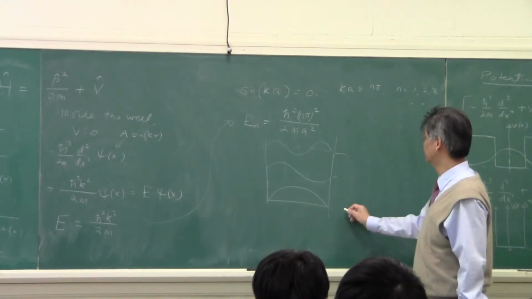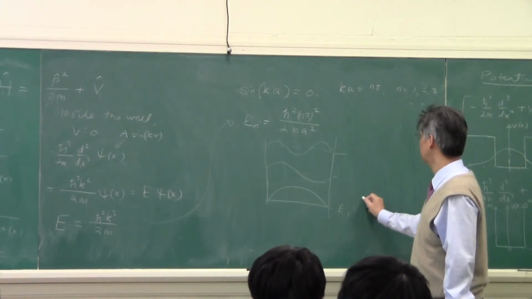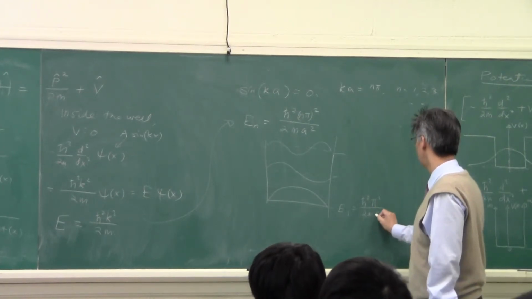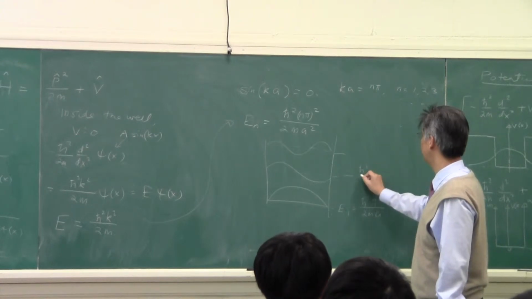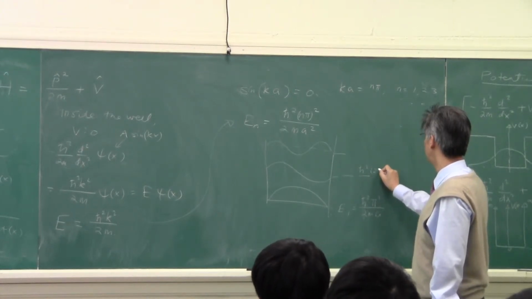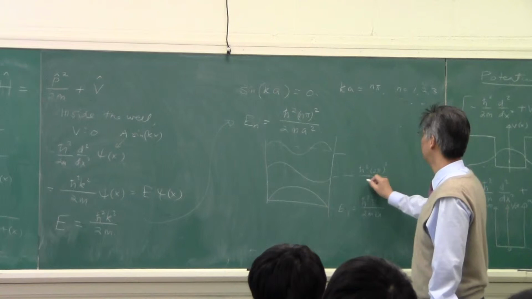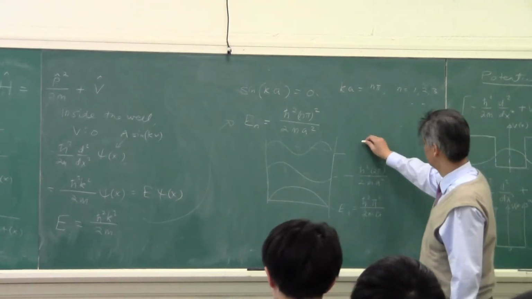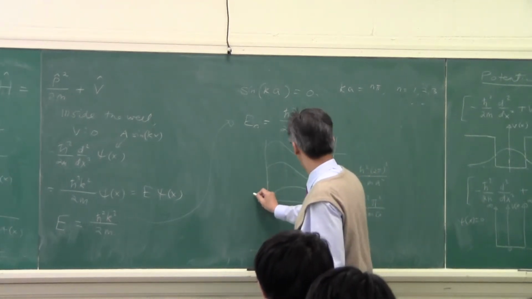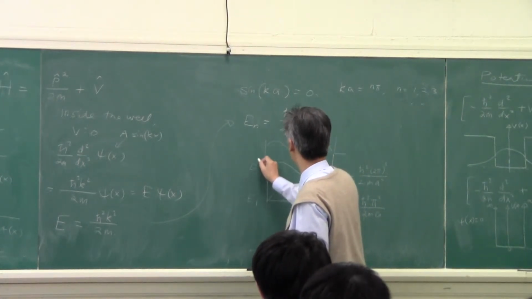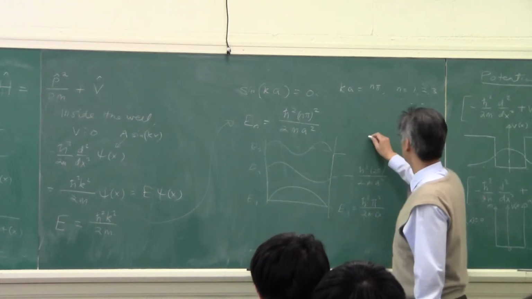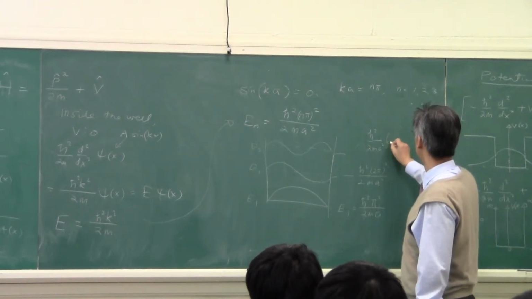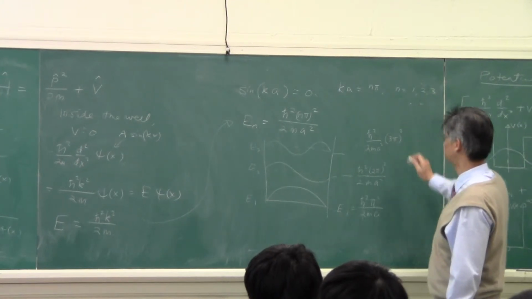So the lowest one, E1, is equal to ħ squared pi squared over 2ma squared. The second one, E2, is ħ squared 2 pi squared over 2ma squared. And then the third one, E3, will be ħ squared over 2ma squared times 3 pi squared.